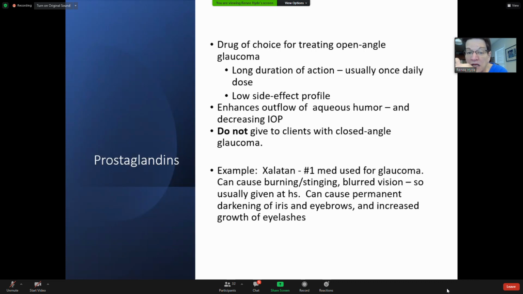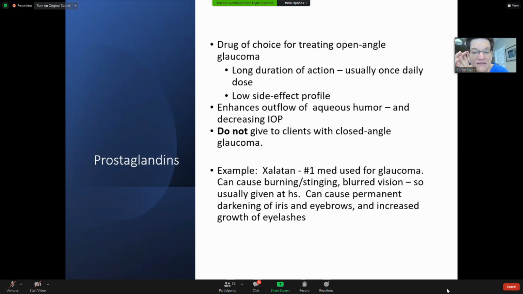We do not give these meds to patients with closed angle glaucoma. Xalatan is the number one med used for glaucoma. It's a prostaglandin. Now, it can cause burning, stinging, or blurred vision. So typically we have patients take these right before they go to bed.